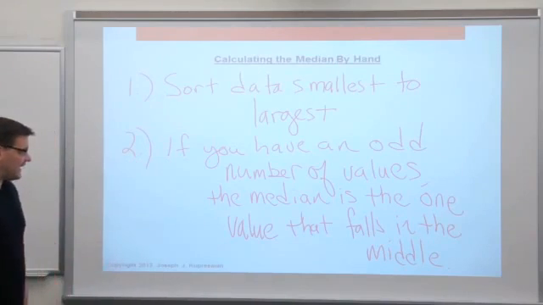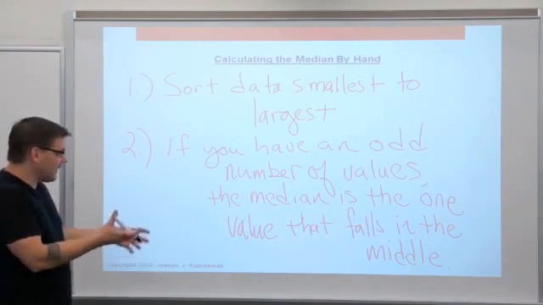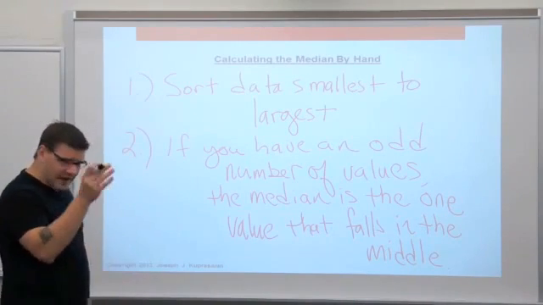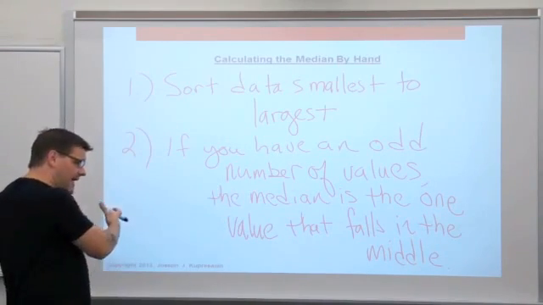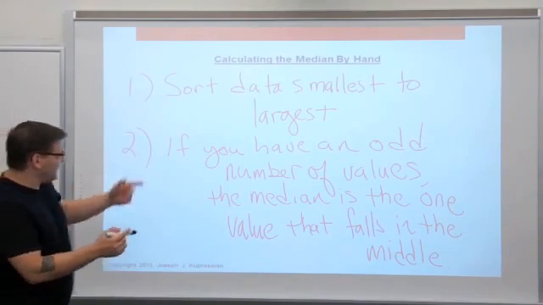Okay, if you have an odd number of values, the median is going to be the one that falls right in the middle. Okay, remember what the median does. The median is the value that chops the data, bottom half of the data up to the top half. Okay, so this is for odd.